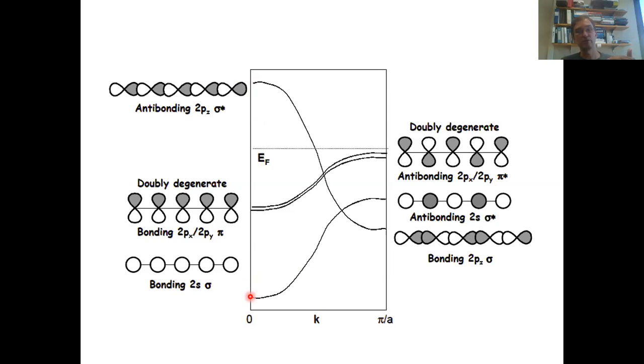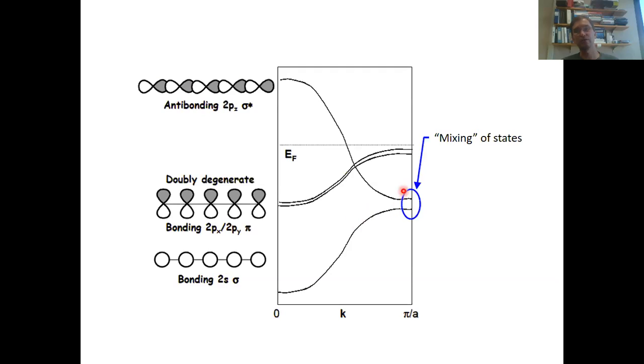But as the energies become closer, the interaction increases, and that leads to the bands bending away from each other, avoiding this crossover. So bands that have suitable symmetry to interact with each other never cross.